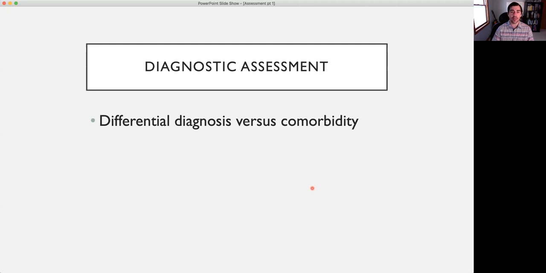So what we're saying there is, there are a couple of potential different disorders that might explain this set of symptoms that this person is experiencing and their related impairment. So I have to make a differential diagnosis, meaning I have to choose one diagnosis over the other. I have to say, this is the diagnosis that's most likely.